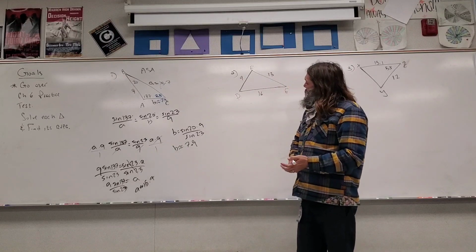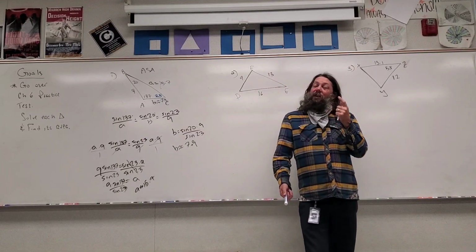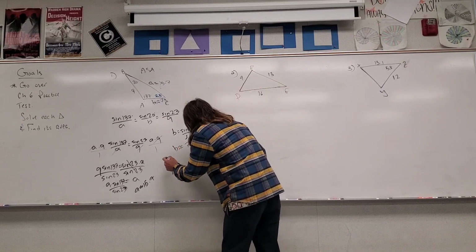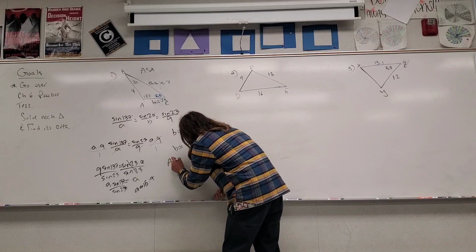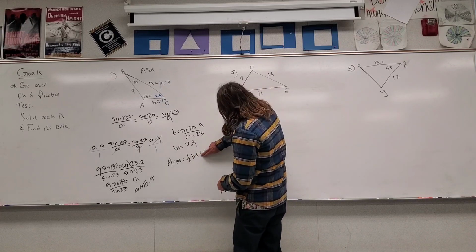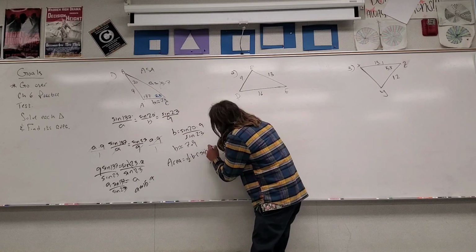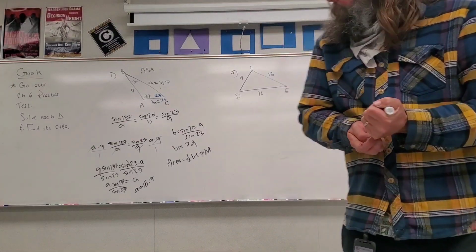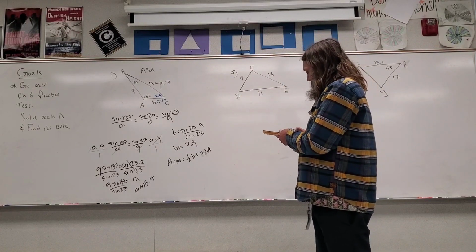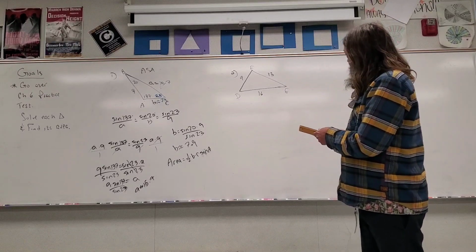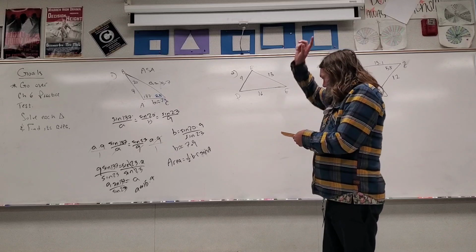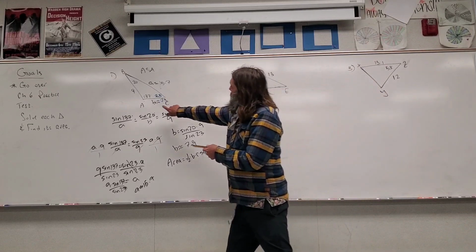So I solved that triangle. Now I need to find the area. Now remember, area is 1/2 times length B times length C times sine of A. So it's going to be 1/2, which is 0.5, times B, which is 7.9, times C, which is 9, times sine of my angle A, which is 137.